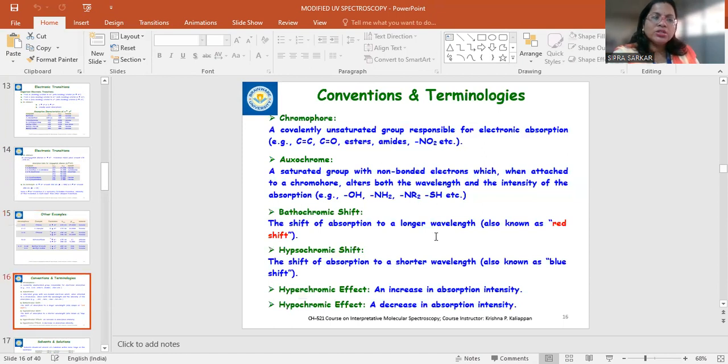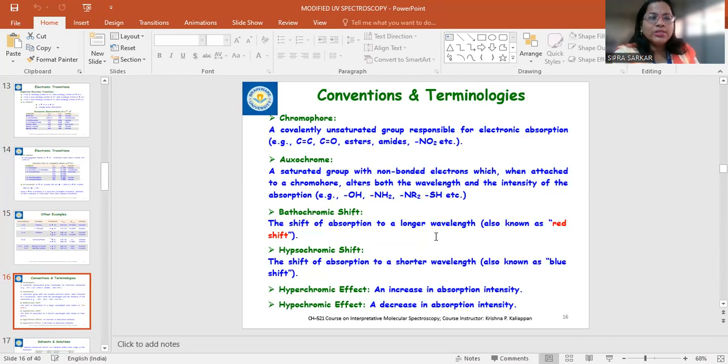Now, conventions and terminologies. There are different terminologies associated with UV-visible spectroscopy that are very important, like chromophore, bathochromic shift, hyperchromic shift and hypochromic shift. You should note this down or take a screenshot.